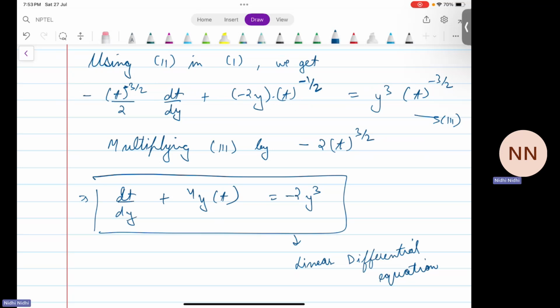We all know that the standard way to solve such an equation is to start with finding an integrating factor, and using that integrating factor we can directly derive the solution. So what is the integrating factor for this equation 4?